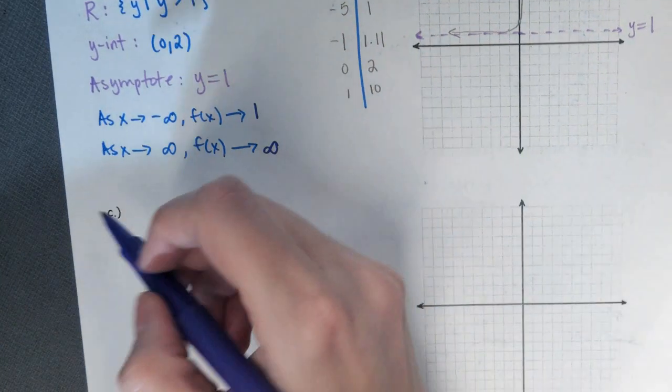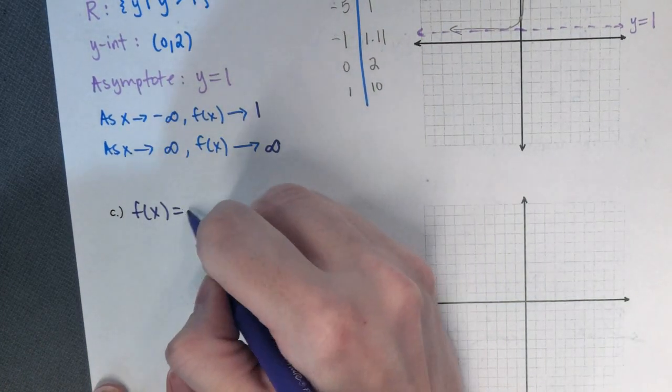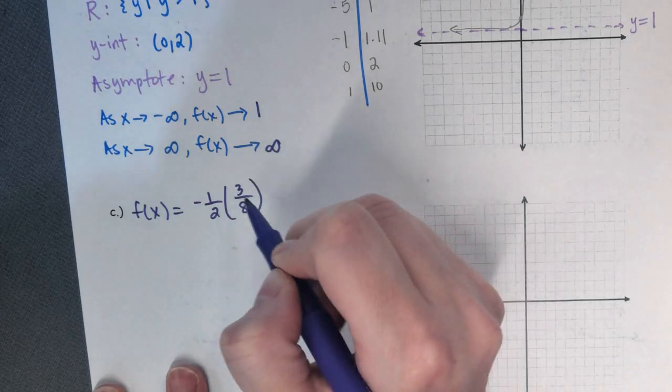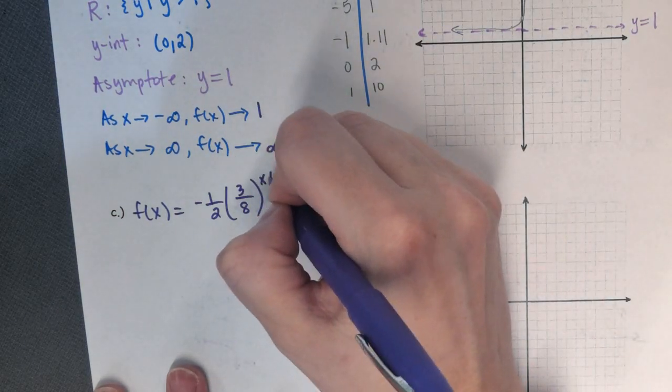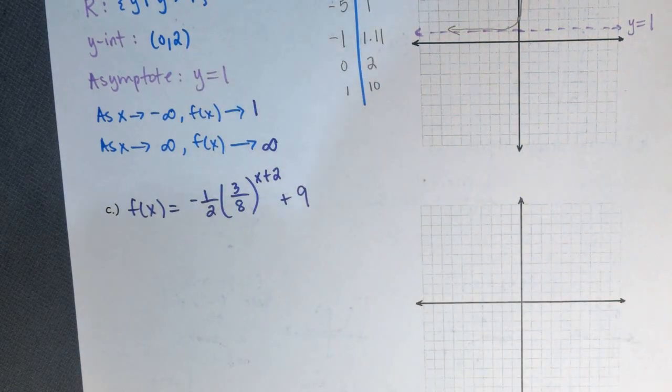Okay, and then for C, you have f of x equals negative 1/2 times 3/8 to the power of x plus 2, plus 9.